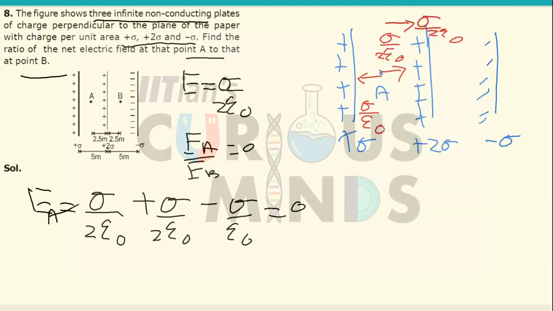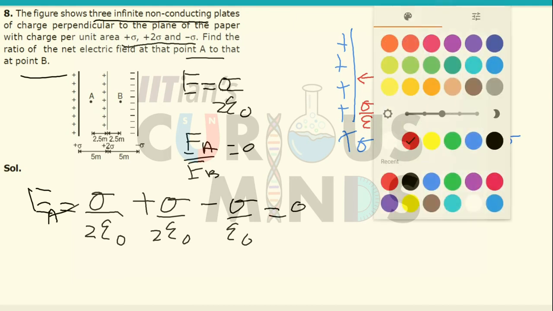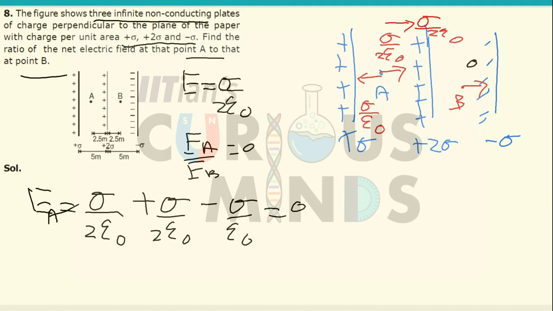At B we will use the same logic. Due to the negative charge it will be in this direction, which is equal to sigma divided by 2 epsilon naught. Due to the positive charge it will also be in the same direction, which is equal to sigma divided by epsilon naught due to this plate. And due to the plate on the right hand side, it will also be in the right hand side direction, which is equal to sigma divided by 2 epsilon naught.